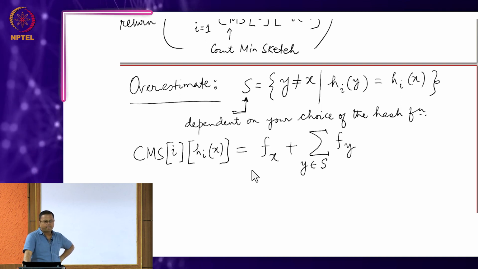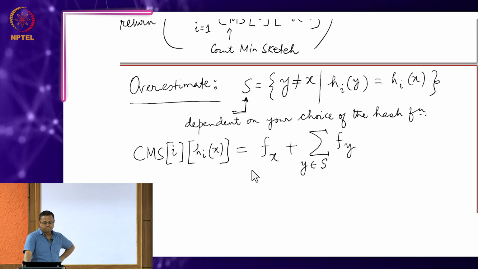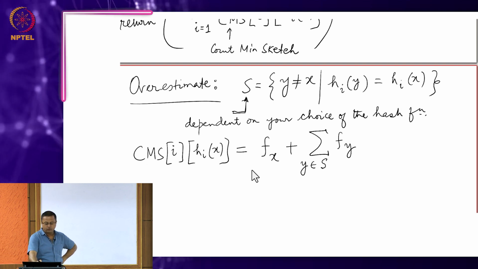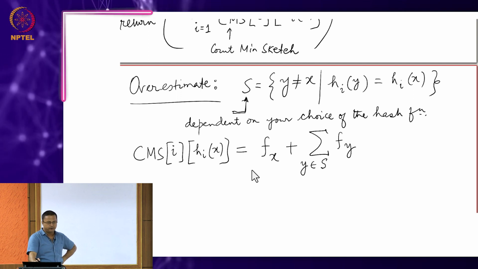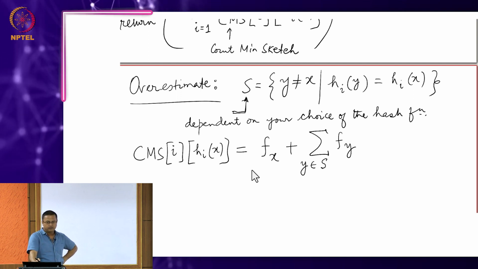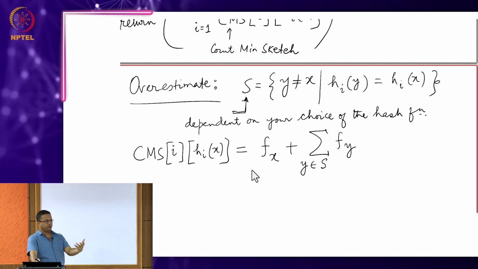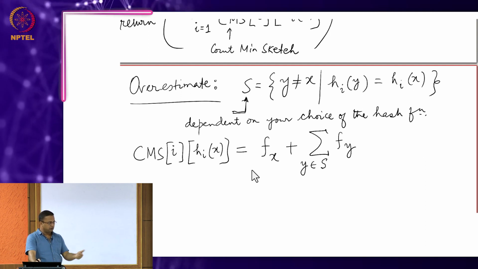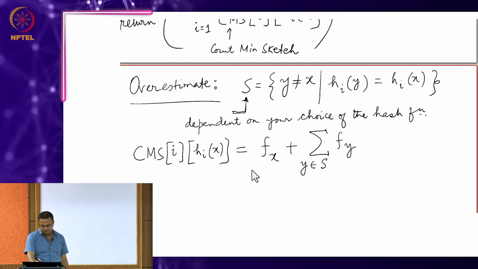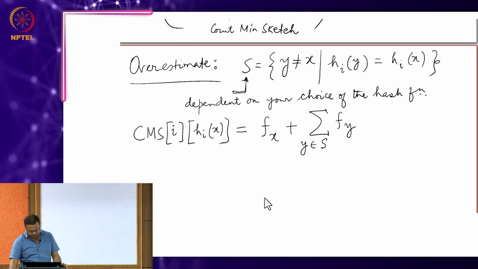Right? In the summation I do not write y not equal to x, because my set S is defined in that way, right. So, these are the bunches of y's that would add up to the count of x, fine.